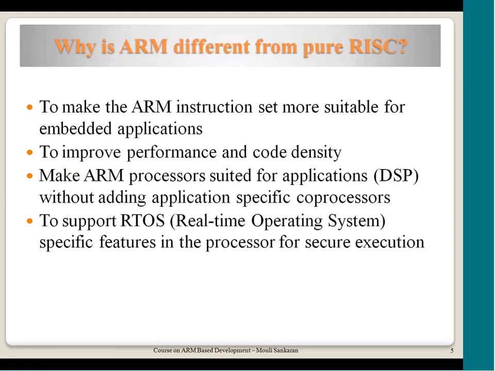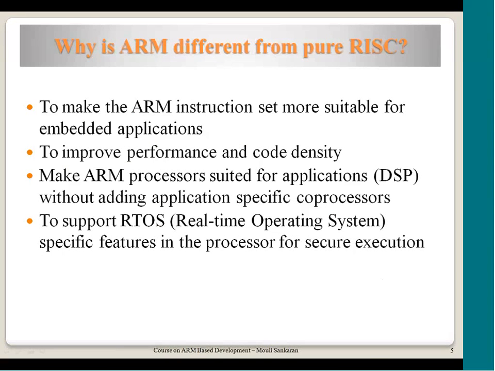Some of the deviations are done for a reason. One is to make sure that ARM is suitable for embedded applications, because finally ARM has to be used in embedded applications to be successful in the market, and the designers thought about that and took some deviations from the RISC phenomena to incorporate what is needed for embedded applications.